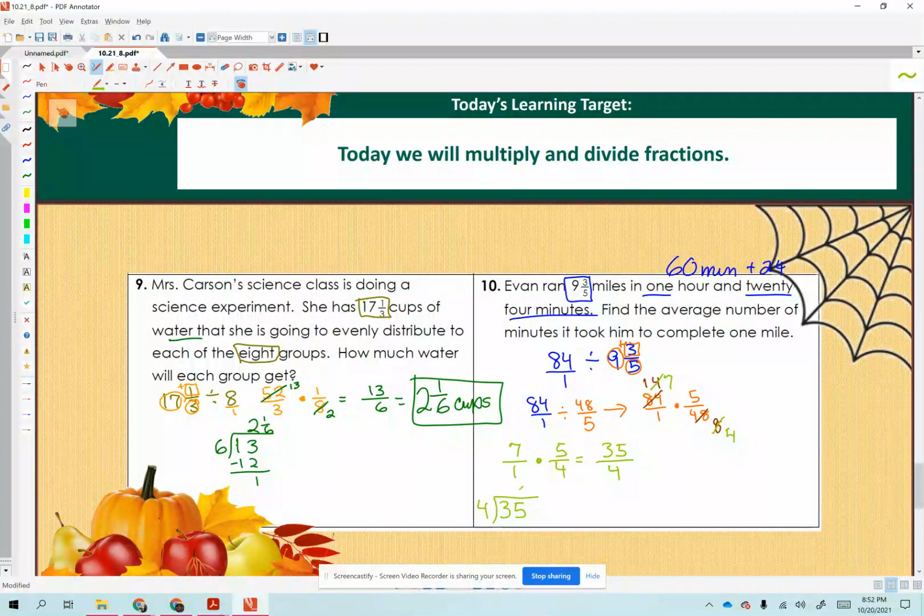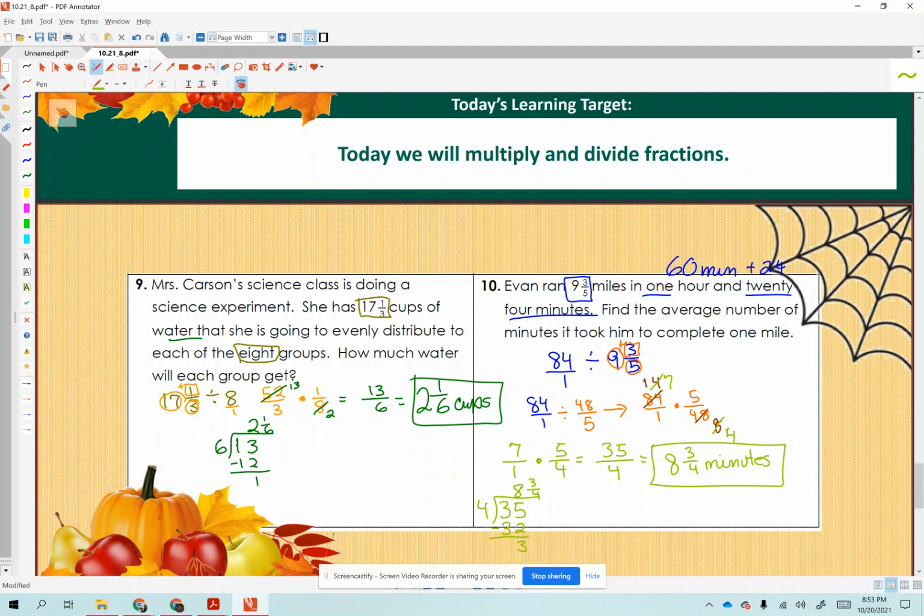And I know that 4 times 8 is 32, which would give me 3/4 left over. So the average number of minutes it took him to complete 1 mile is 8 3/4 minutes. And that's to complete 1 mile.